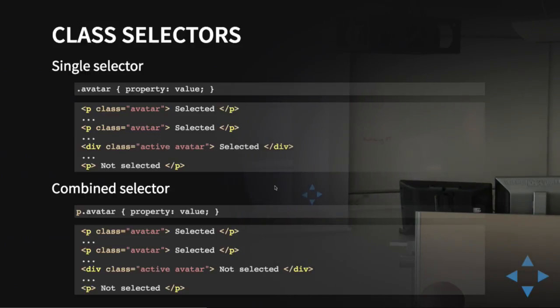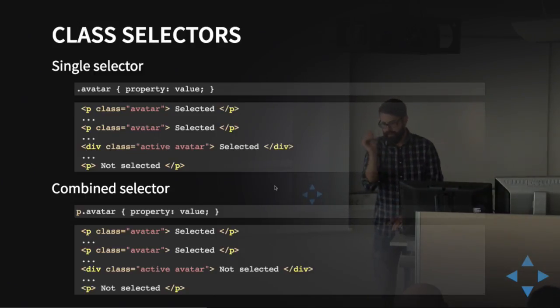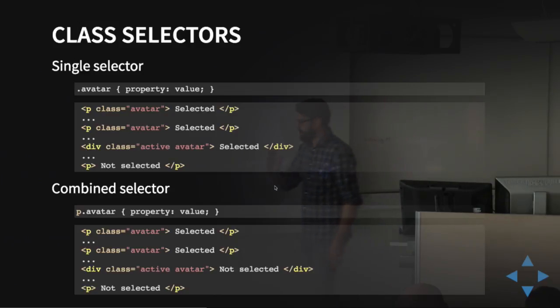So if we separate those, we will get all elements that have the class avatar and are descendants of a P tag. So that's a totally different meaning than this one. So be prepared that the space in this case matters a lot.